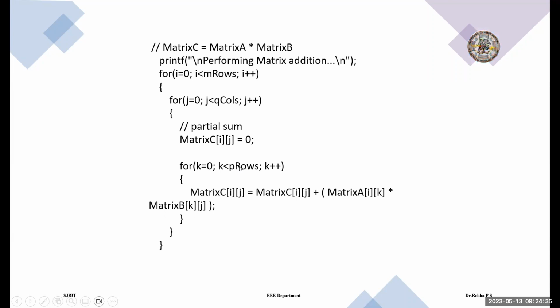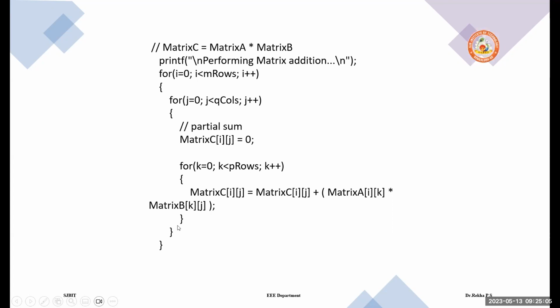Once it is done, j is incremented. When j is incremented, again matrix C of i comma j is equal to 0. So this complete loop will be executed till j is less than Q columns.